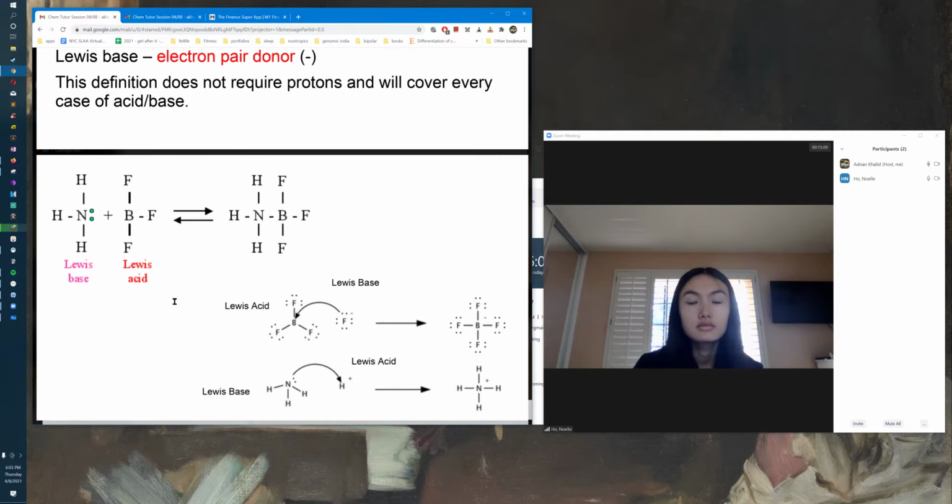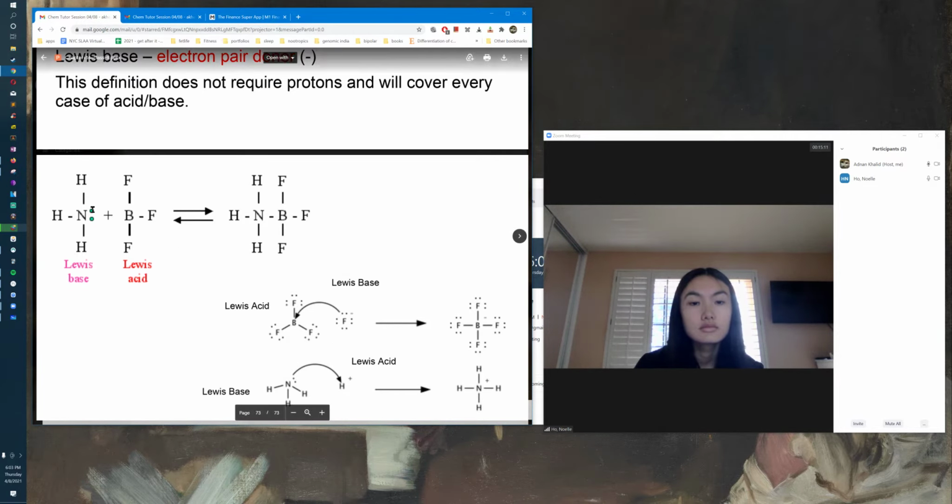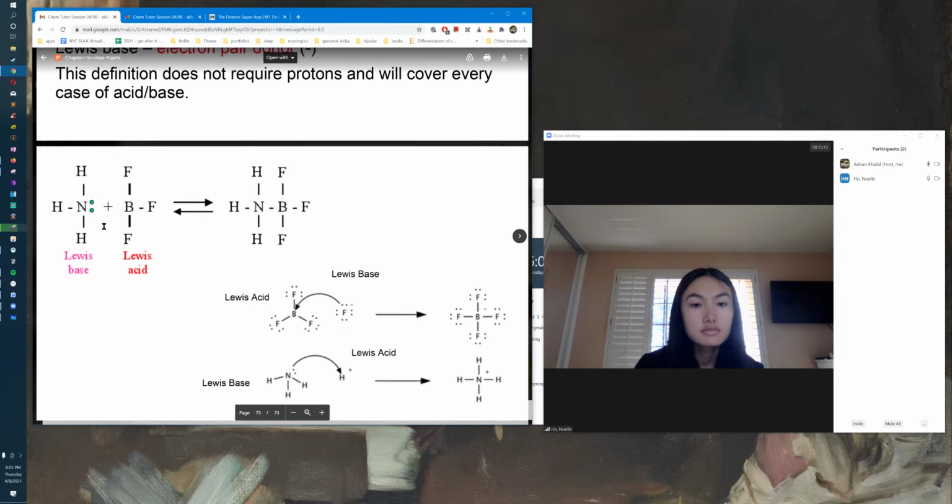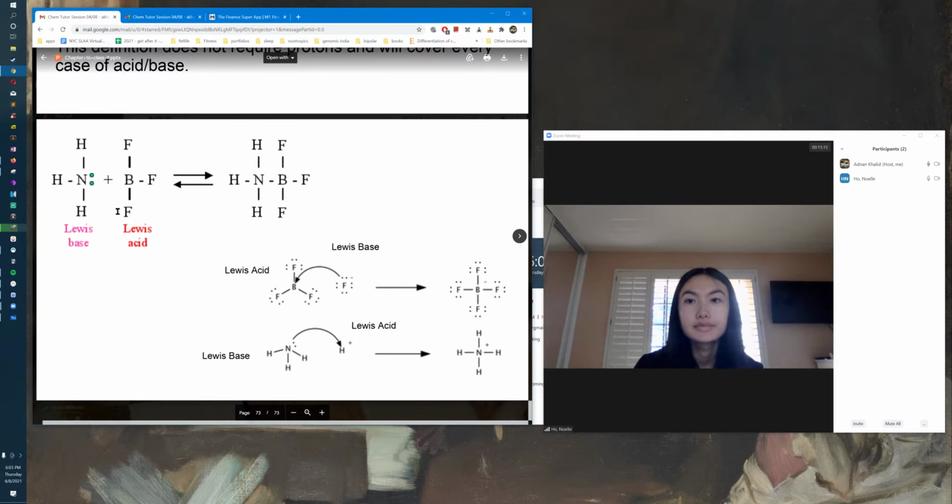And I see that they drew ammonia as an example on the last slide. So ammonia basically has that lone pair, the two green electrons, and then we have boron trifluoride, which acts as a Lewis acid.